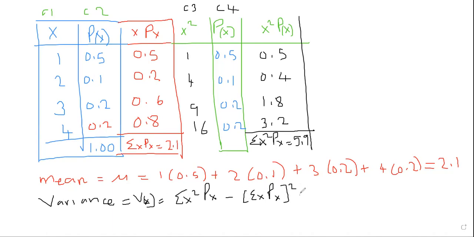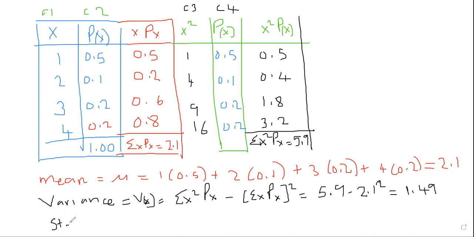So what are we saying in this case? 5.9 minus 2.1 squared. What do we get? 1.49. That is how we find our variance.